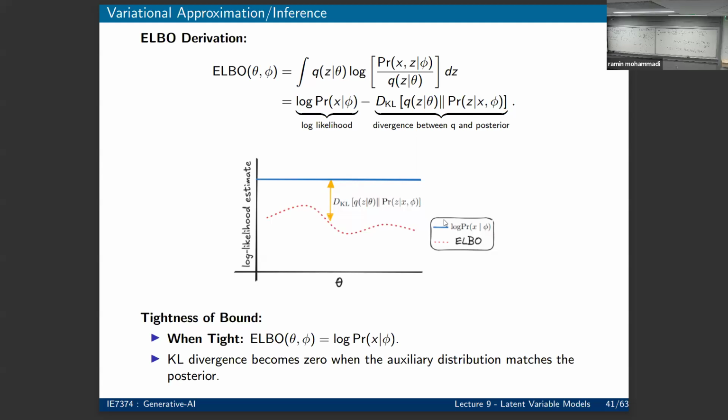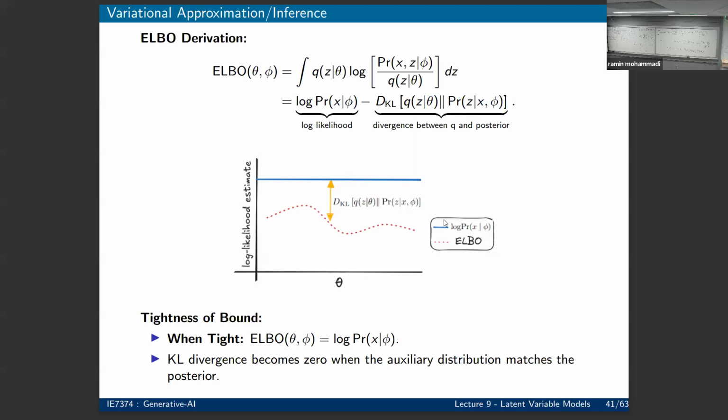And this KL technically tells you the difference between the original posterior distribution for the latents versus the distribution that you presented as a proposal distribution for Z. So instead of using the posterior, you introduce this proposal. If whatever you introduced is as close as possible to the posterior, the KL goes towards zero.